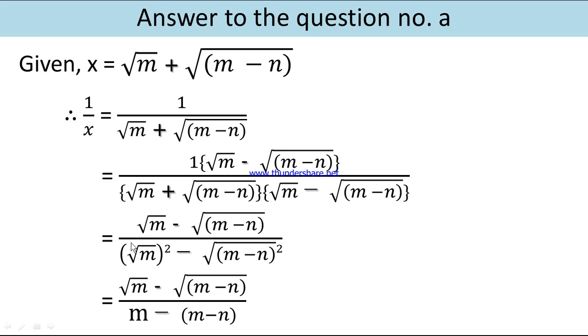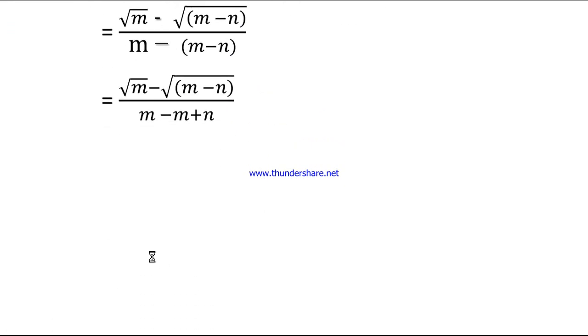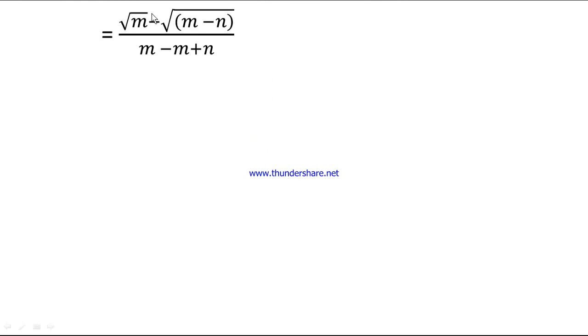Here square and root, I have given up the square and root, and here I have given up the square and root. In the next line, root over m minus root over m minus n by m minus m plus n.